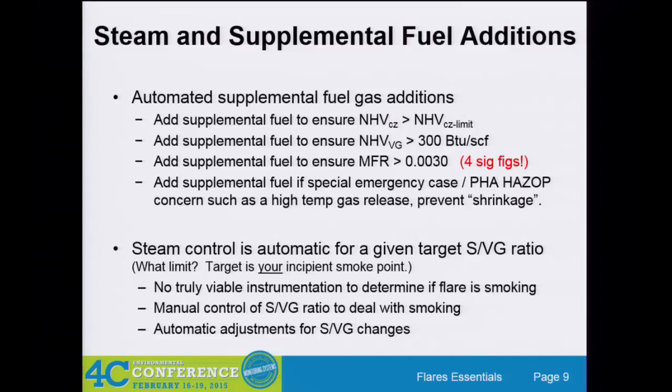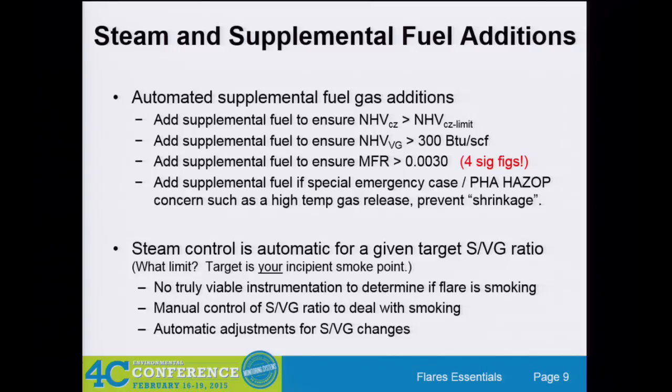So then what's the operator going to do? He's going to say, well, I'm not going to smoke my flare. So maybe he's going to increase that steam to vent gas ratio up to maybe 1 to 1. Maybe that takes care of the smoking, maybe it doesn't. But he's allowed to make that change under the rules. And he can even take it further if it keeps smoking. I mean, maybe it goes all the way up to 3 to 1, and basically he asks, does that take care of the issue? And then he's still in automatic control.